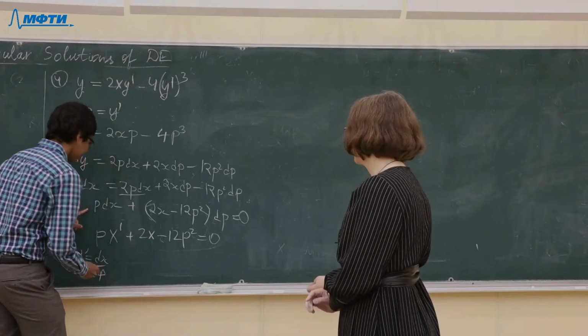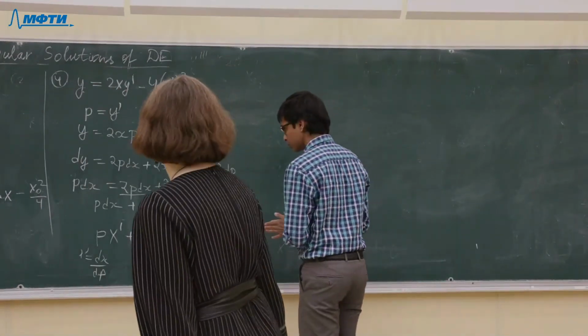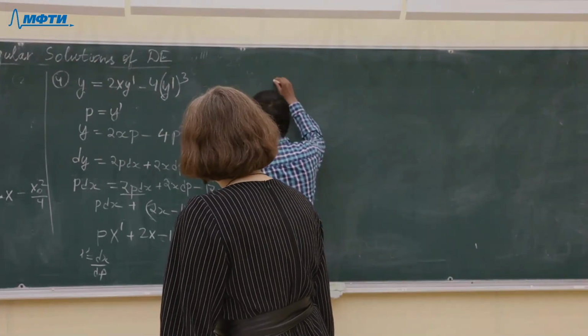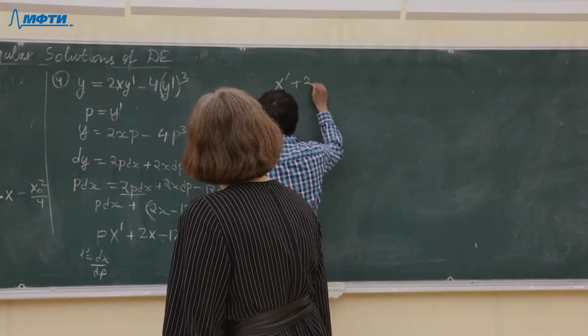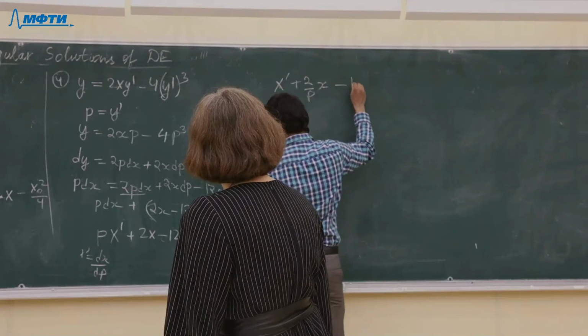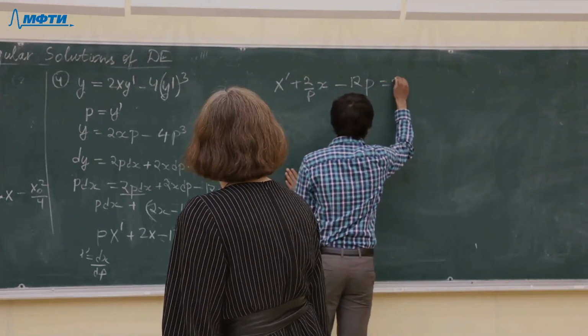Okay, so our goal is to find x. We can find the integrating factor, so divide by p first.